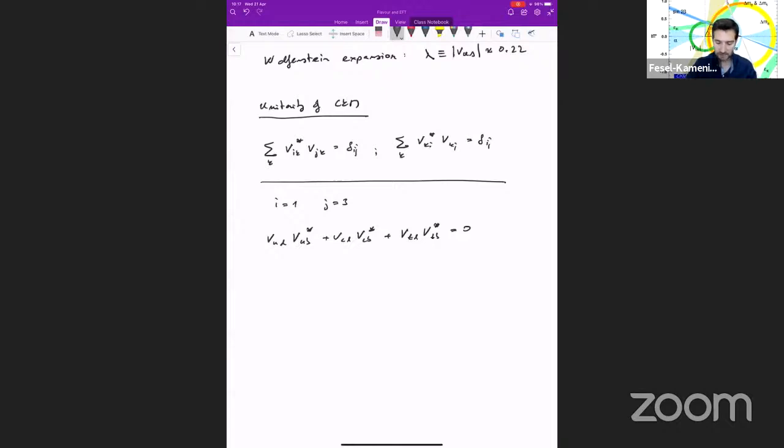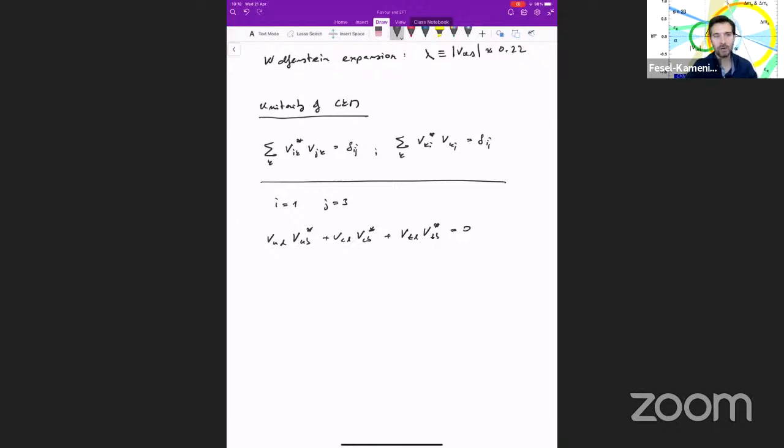This is not the case, of course, for other related constraints. Choosing different i and j, because of the hierarchical structure of the CKM, typically most of these constraints will be dominated by a single term. So whenever we have a diagonal term present, that will completely dominate the whole sum.